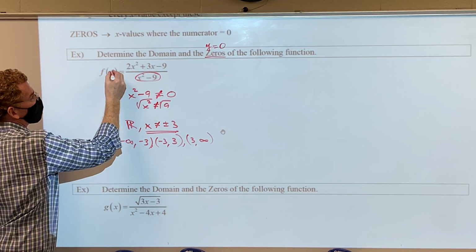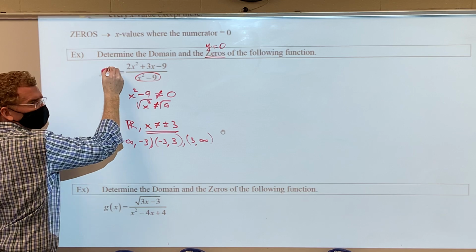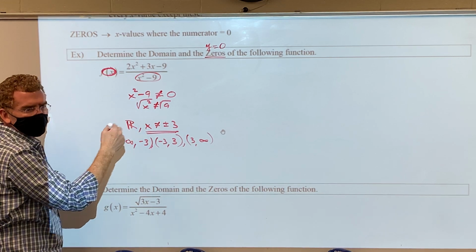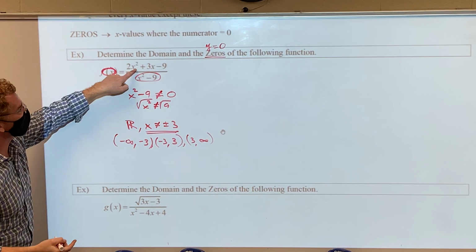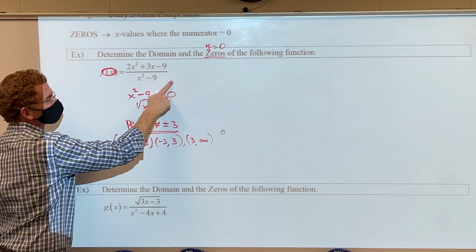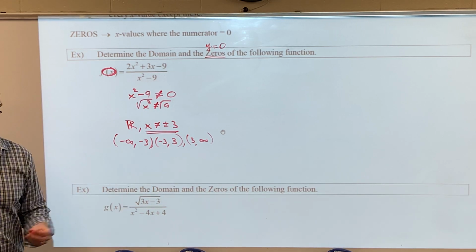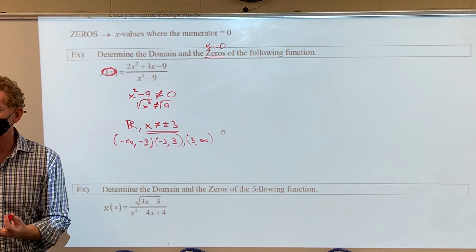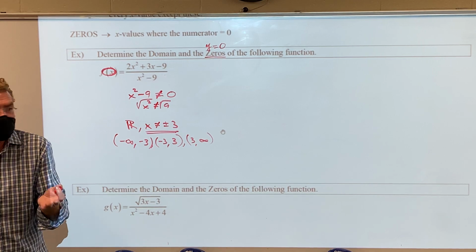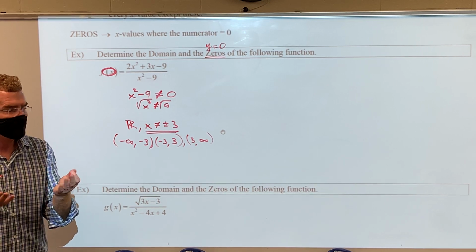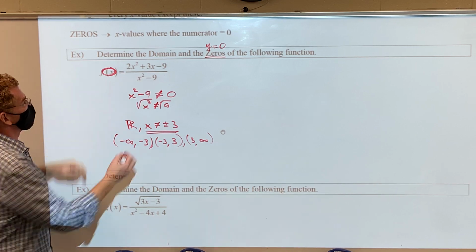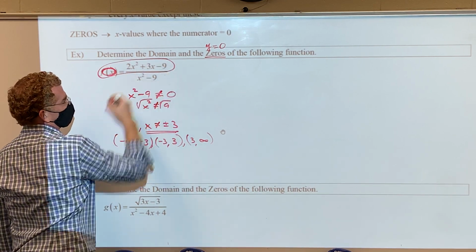So you're taking the y and replacing it with the big 0. But the short answer is, when are fractions equal to 0? When you have 0 over a number, right? So the only thing that matters is that the top ends up being 0. So for a 0, you really only need to be concerned with the numerator.